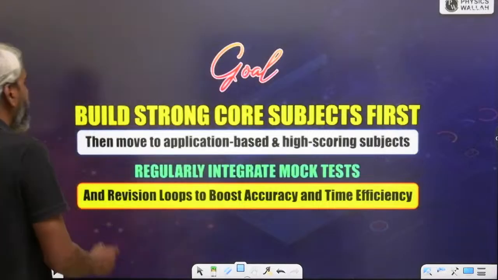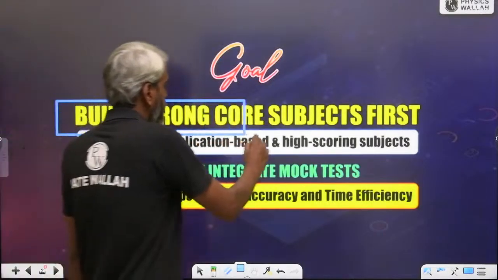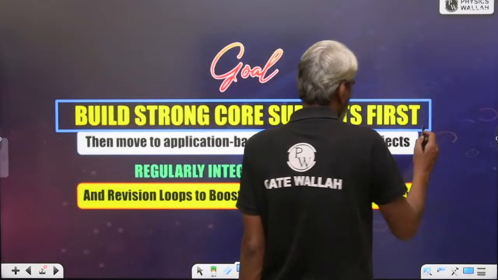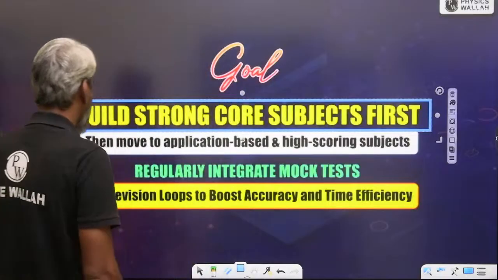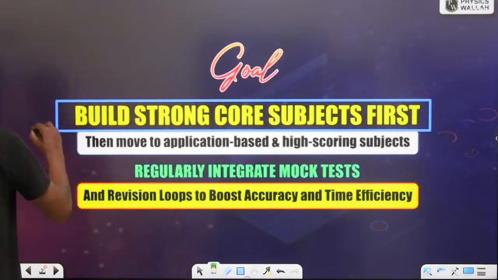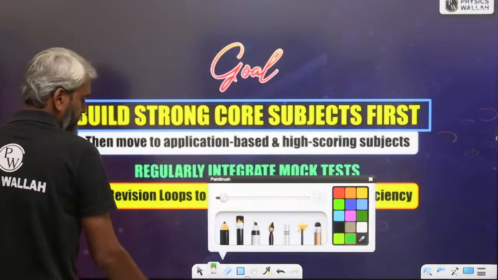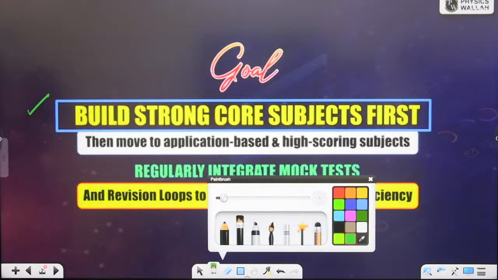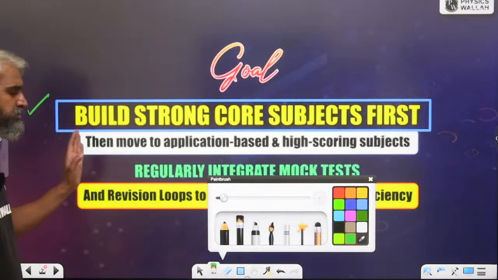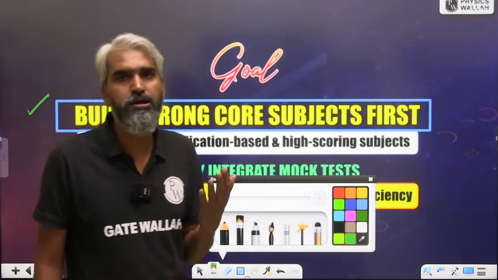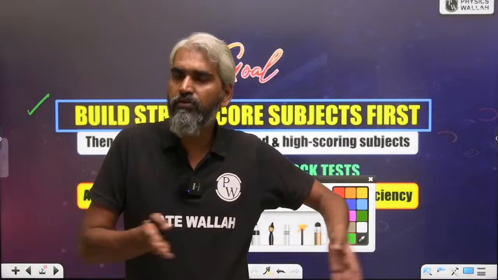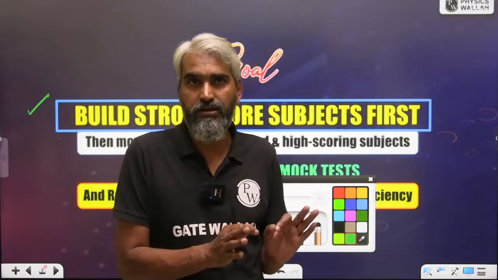So, that's the idea, that build strong core subjects first. The very core idea of first focusing on the core subject is to have confidence. If you are good in your core subjects, then the confidence will boost up and other subjects will eventually follow. So that's the very first thing.